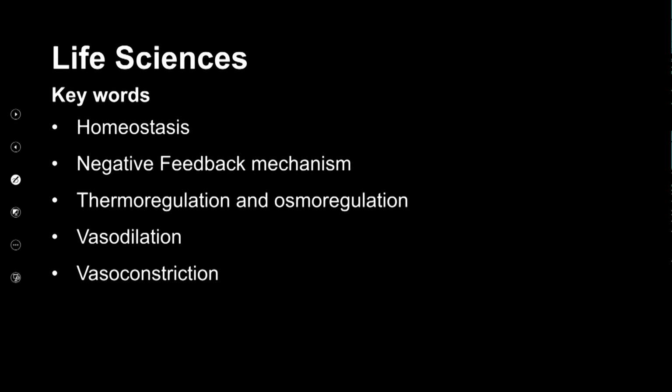The keywords under homeostasis: homeostasis on its own. Remember I explained what homeostasis is. I said it is the process whereby the body maintains the internal environment constant. Then we're going to look at the negative feedback mechanism. Negative feedback mechanism happens for homeostasis to take place. And we're going to look at thermoregulation. Thermoregulation is the regulation of temperature, how the body regulates the temperature.